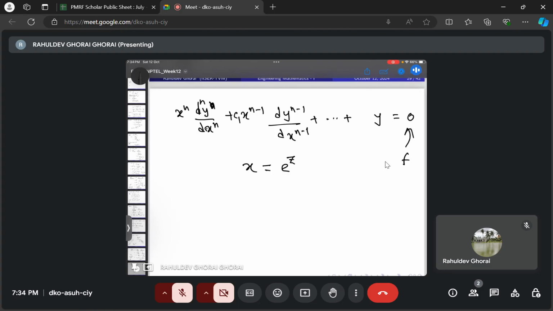It can be f instead of 0 also, that's not a problem. But in all those cases, you have to take x equal to e to the power z. Just blindly, don't think about anything. It's not easy to solve if you are not assuming this and not transforming it. To transform it, you will see it becomes a very easy, constant coefficient differential equation, and then you can solve it.